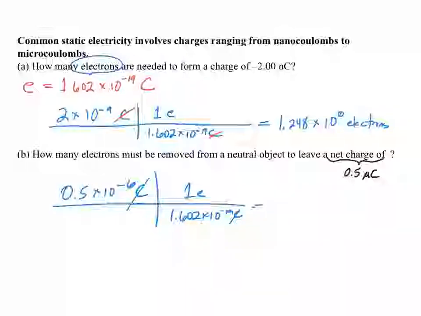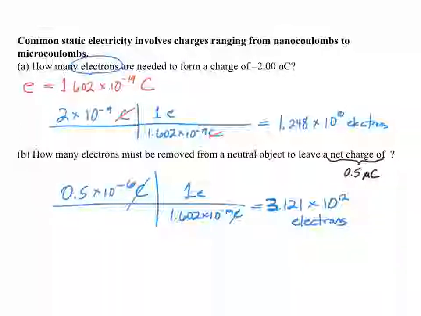Coulombs drop. Do the math. You should get 3.121 times 10 to the 12th electrons. So 3 trillion electrons. Okay, in that regard.